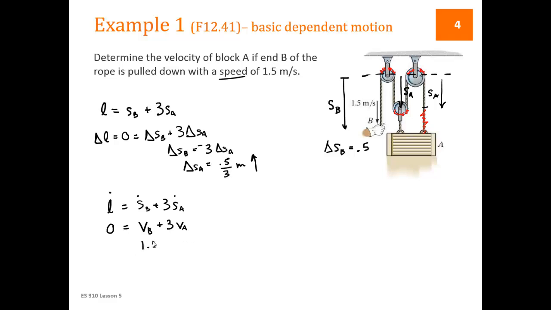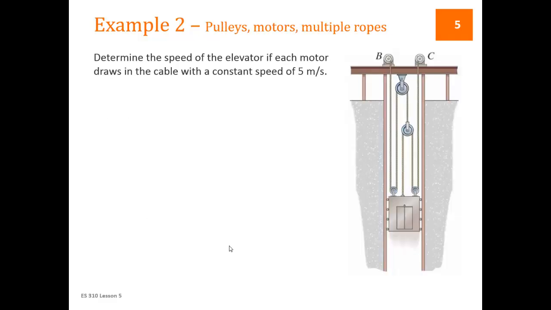So 1.5 is equal to negative 3 VA, or VA is equal to 0.5 meters per second. So this is then the speed of VA. The direction, VB was down, VA is up. So notice instead of writing this sign, I drew the direction. It's upwards.